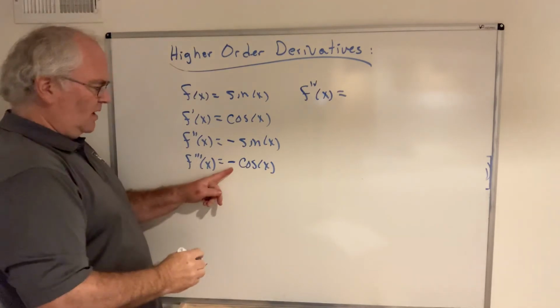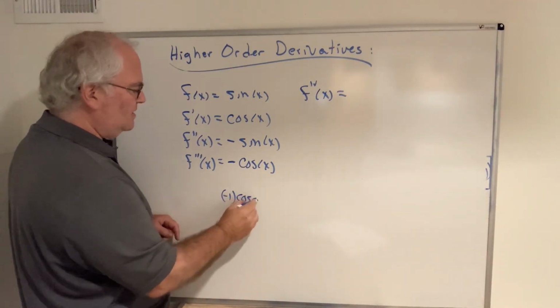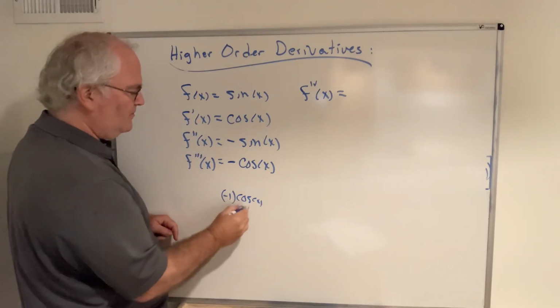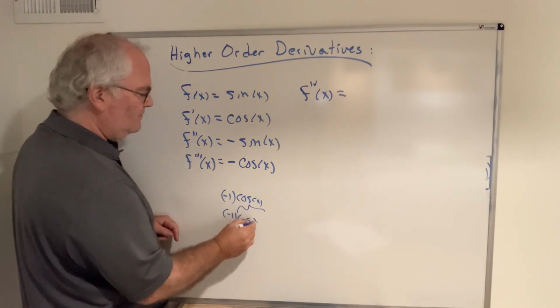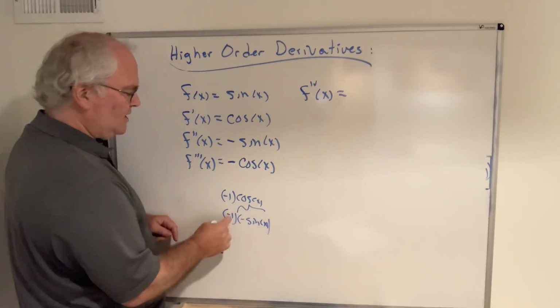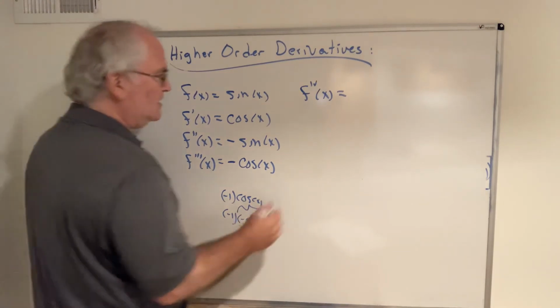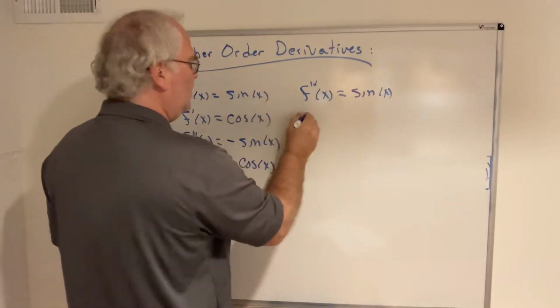Now, how does this work? It's negative 1 times cosine of x. So the constant multiplier multiplies along. The derivative of cosine is another negative. Right? So it's negative 1 times negative sine. That's positive sine. And what we can see is we're back where we started from.